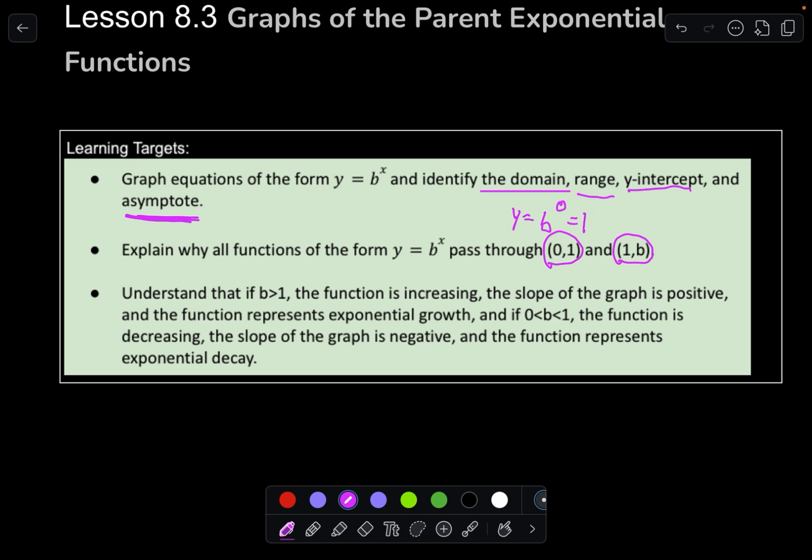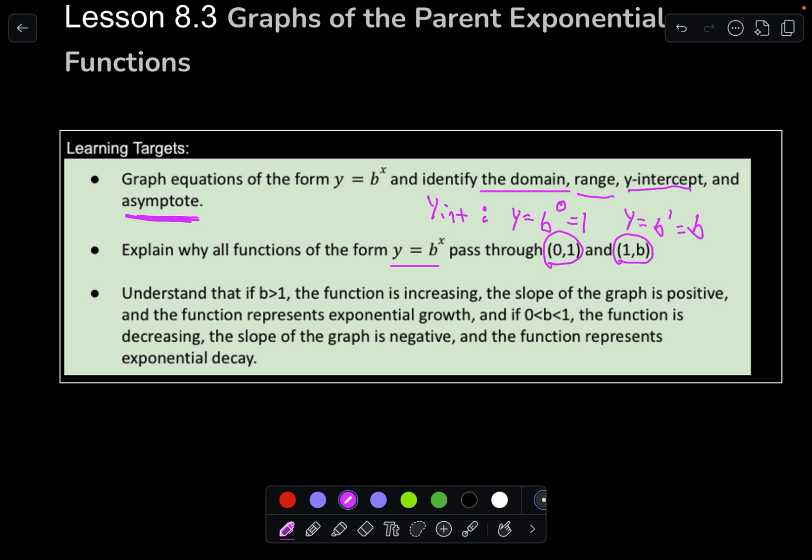So it doesn't matter what the base is. If it's y equals b to the x, the y-intercept will be at 1. It will pass through 1. And when x equals 1, same idea. Now it'd be y equals b to the first power, which is just b by definition. Those are easy to explain.